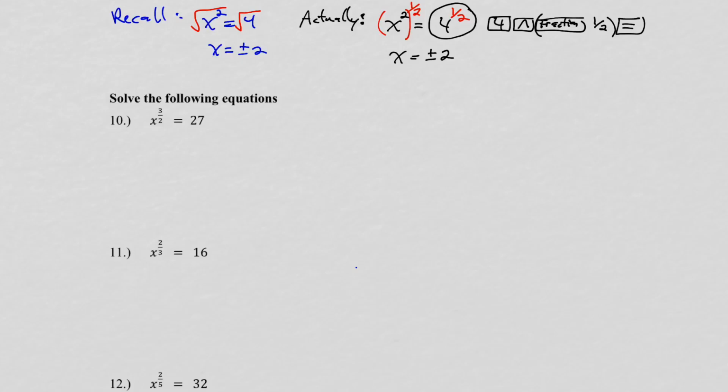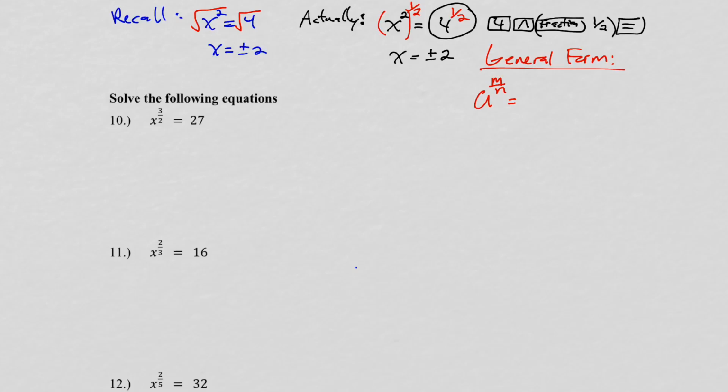All right? So the general form of this is a to the m over n, so a fraction power, is actually like the square root. So the 1/2 power is a square root. How?